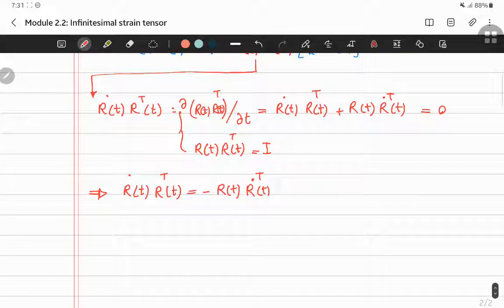This can also be written as, if you remember, (AB) transpose was B transpose A transpose. So doing this, we get minus R(t) times R dot(t) transpose, R transpose(t).